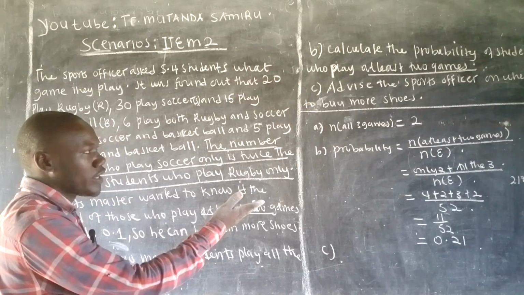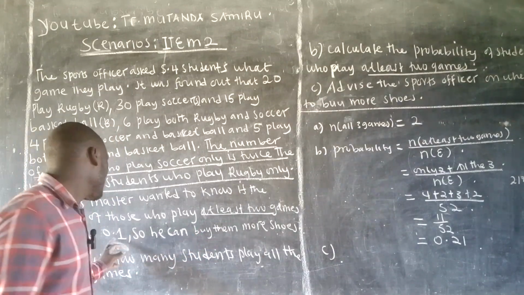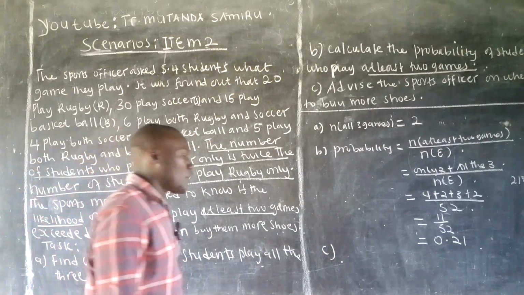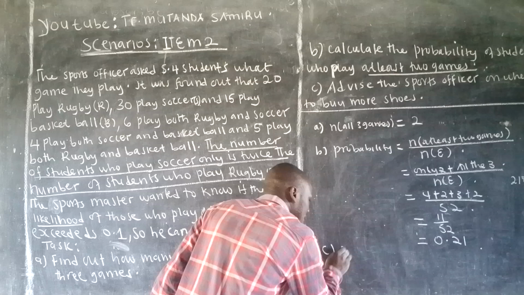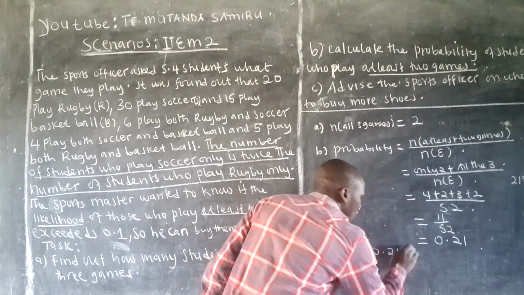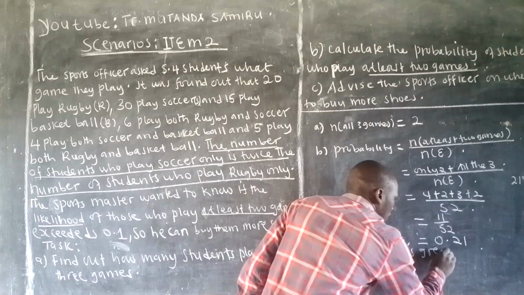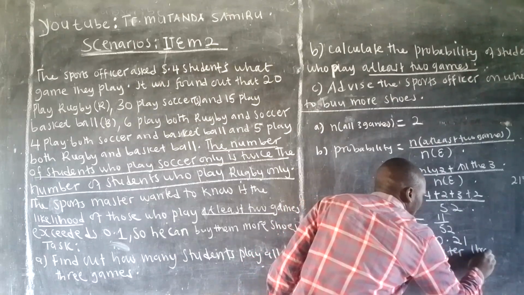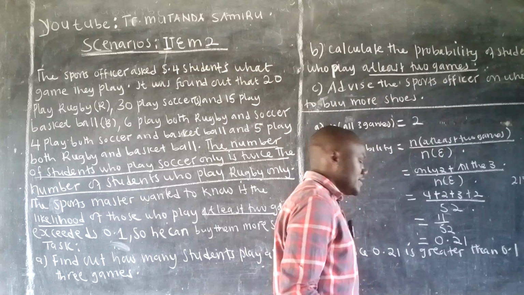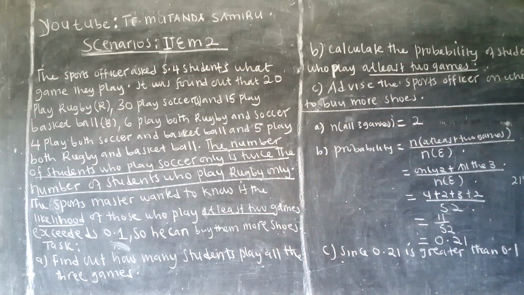Those who play at least 2 games is 0.21, and 0.21 is greater than 0.1. So we shall say, since 0.21 is greater than 0.1, or exceeds. Let's use the word exceeds.